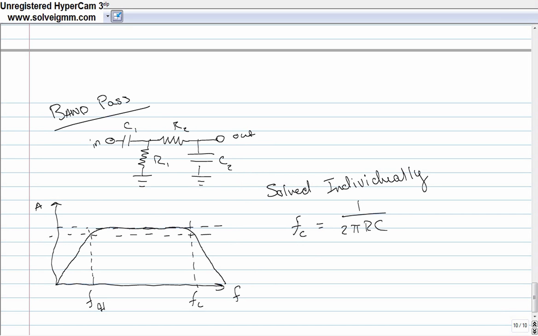Now, there is one thing I should mention about bandpass filters, and that is that there is a third frequency of interest, and it's right here in the center, called FR. It is the center or resonance frequency, and FR is equivalent to the square root of FL times FH.